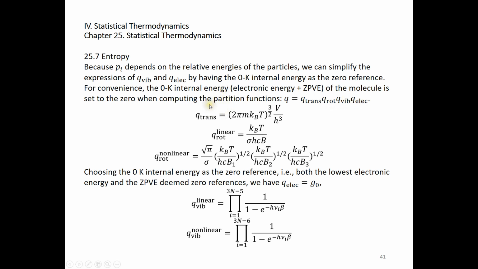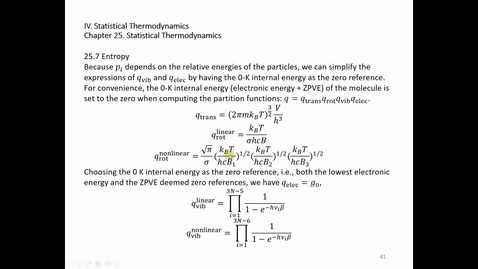We have derived the translational partition function, which is (2 pi m kBT) to the power of 1.5 times the volume of the container over the Planck constant cubed. We derived the rotational partition function for a linear molecule, which is kBT over sigma hcB. B is the rotational constant, and sigma is the symmetry factor.